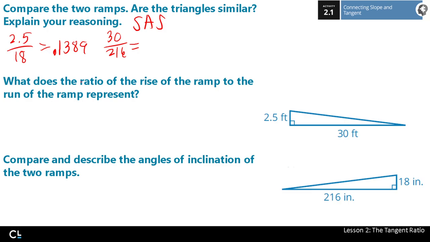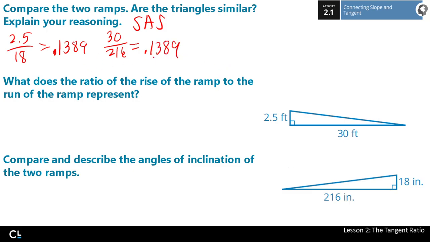And then we do the same thing for the next one. 30 divided by 216. And that's going to give me the same number, which means that these two sides are proportional. So we get 0.1389.